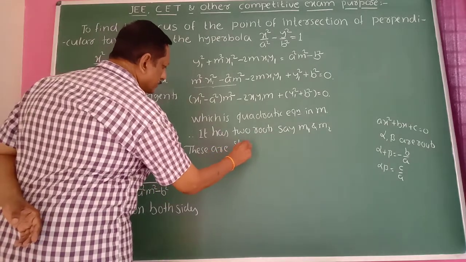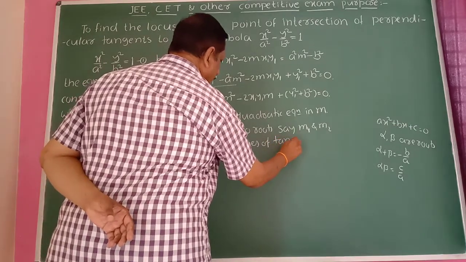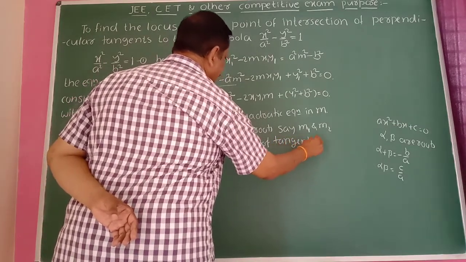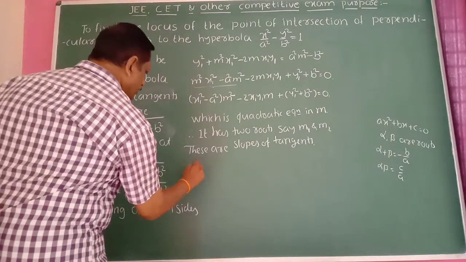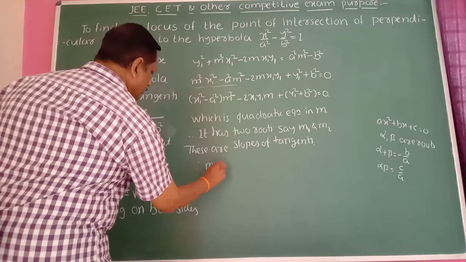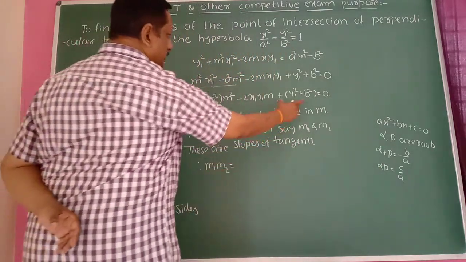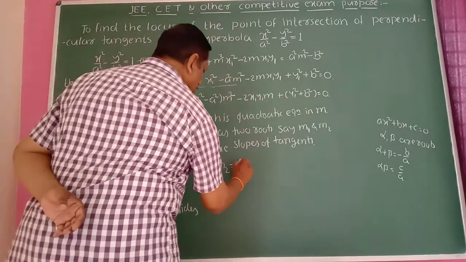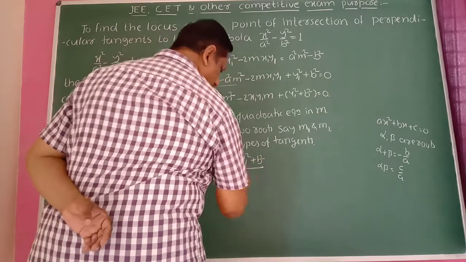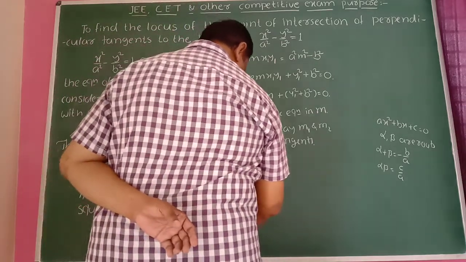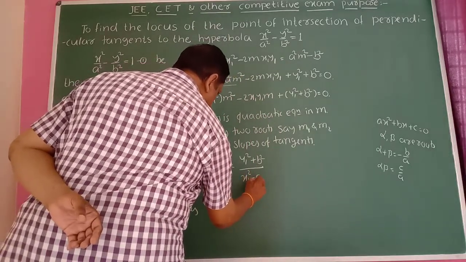Therefore m1 into m2, using this condition, is this divided by this. So y1 square plus b square divided by x1 square minus a square.